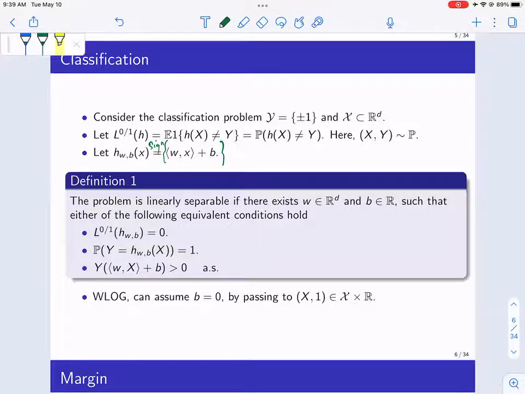This should hold almost surely. And then we assume that b is often 0 by absorbing the 1 here. You can think of it as a feature of constant 1. If you augment x with this feature of 1, then you can augment w with b, and that would be your new w. Okay, questions?